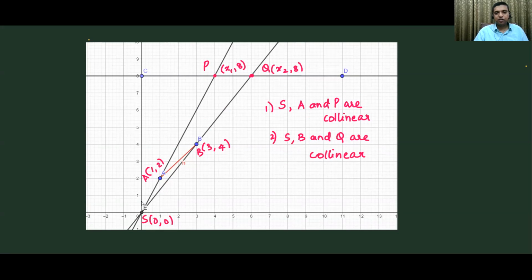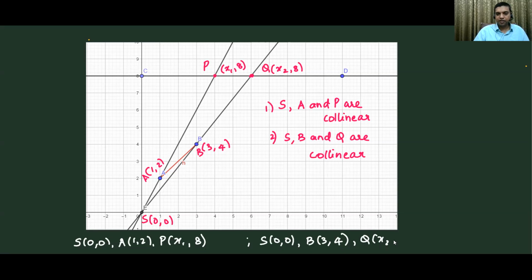What is the collinearity condition? Area of triangle SAP is 0. I'll just write the points here. S is 0 comma 0, A is 1 comma 2, P is x1 comma 8, and similarly S is 0 comma 0, B is 3 comma 4, and Q is x2 comma 8.